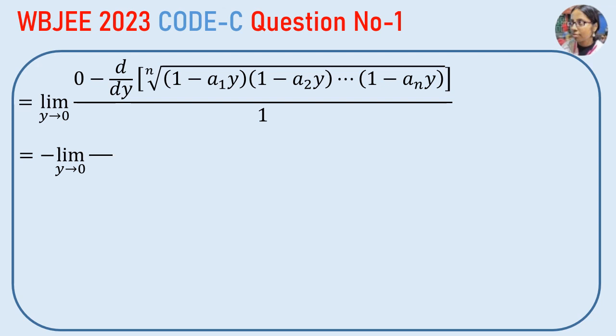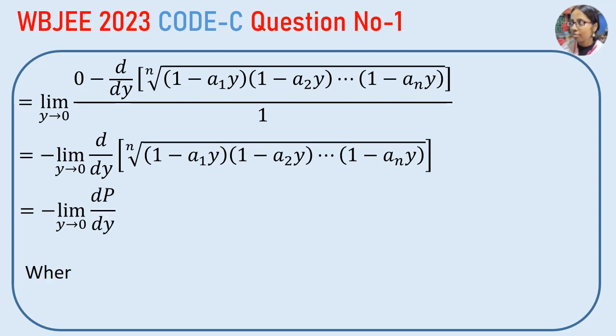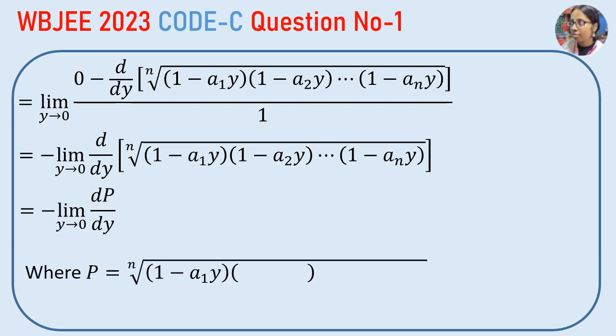Therefore, the required limit is nothing but minus limit y tends to 0 d dy of nth root of the expression (1 minus a1y)(1 minus a2y)...(1 minus any), that is, minus limit y tends to 0 dp dy, where p is equal to nth root of (1 minus a1y)(1 minus a2y)...(1 minus any).